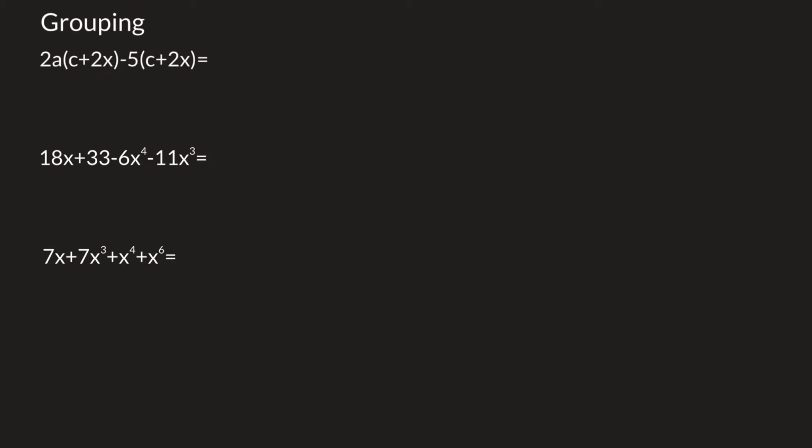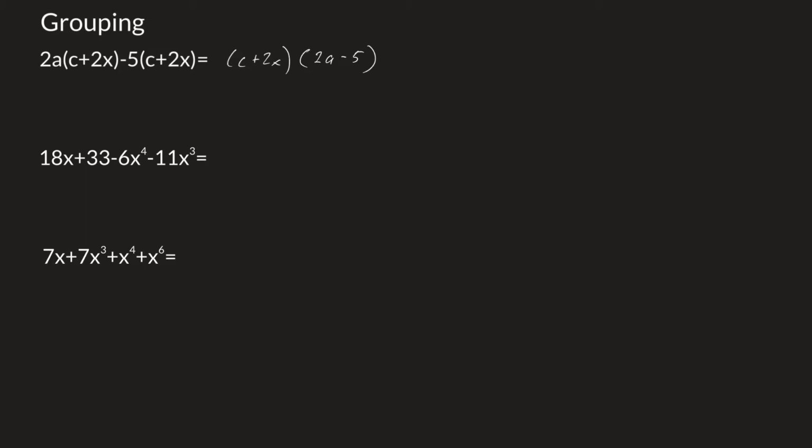We'll yank that out. So we get c plus 2x, okay? Pay attention now. We get the c plus 2x out of the first term, so we're left with a 2a, and then in the second term, we're left with a minus 5.